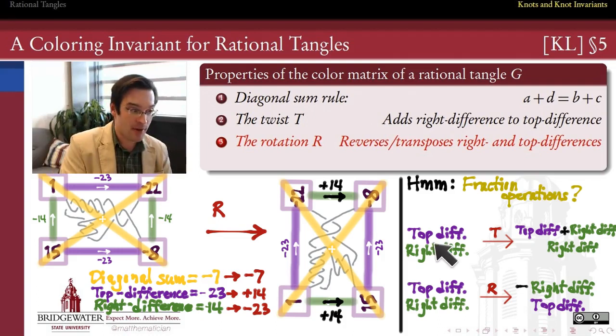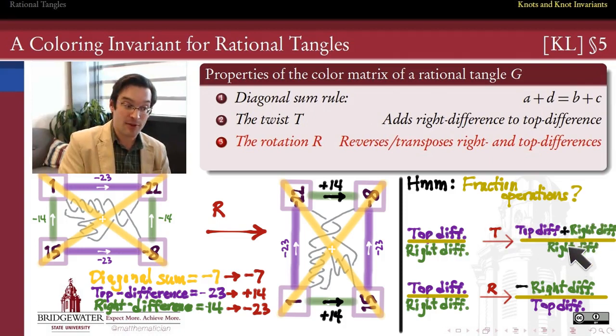If I put a fraction bar in between the top and right differences, then this operation up here on top, where the top changes to the top plus the right, is the same as the numerator having the denominator added into it, while the denominator remains the same. Meanwhile, the operation of rotation seems to have traded places of the numerator and denominator and also tacked on an opposite sign.